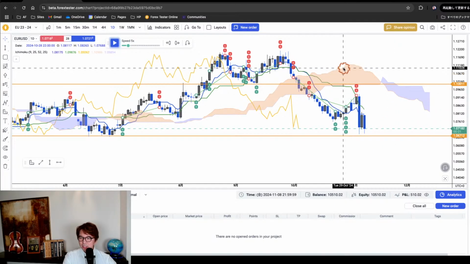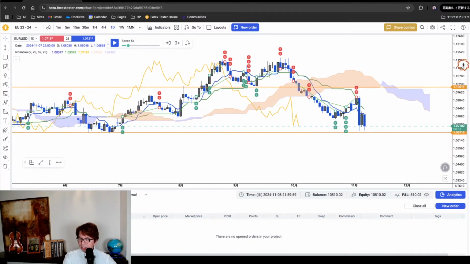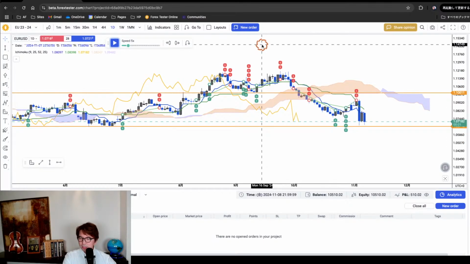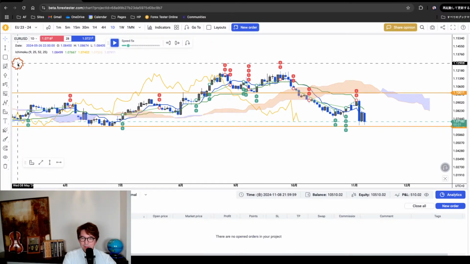In terms of the target, I use Ichimoku target. Okay, I put the ruler here and measure. From high to the ultimate target is going to be E target.